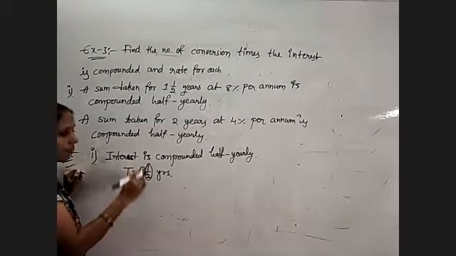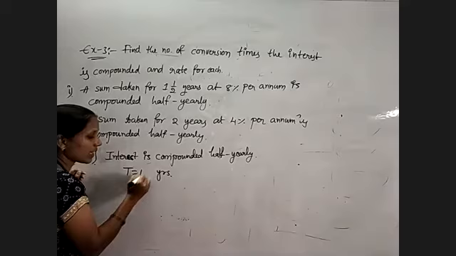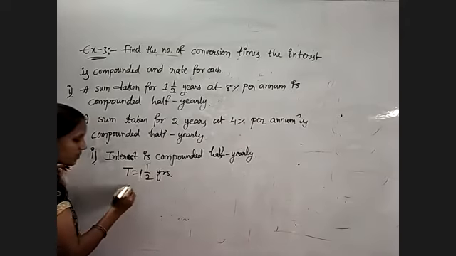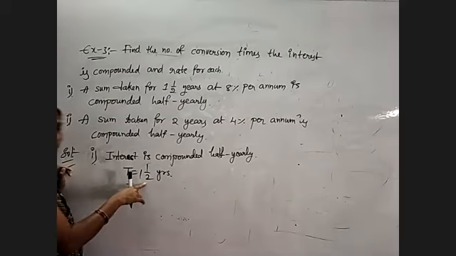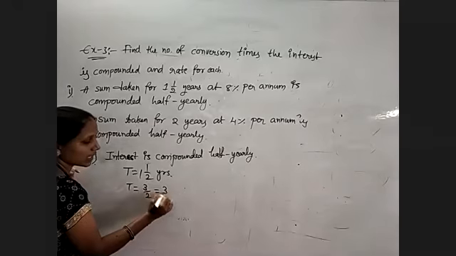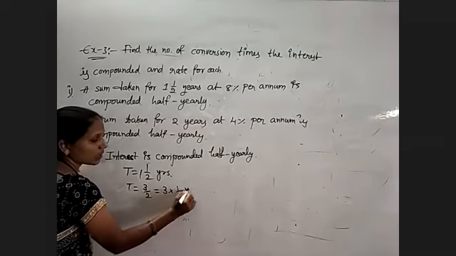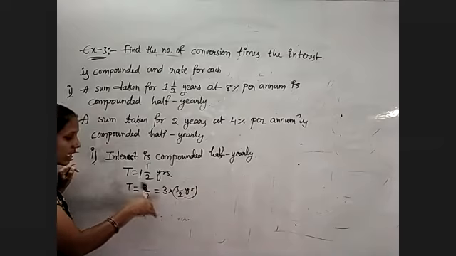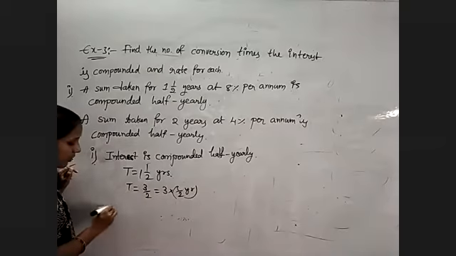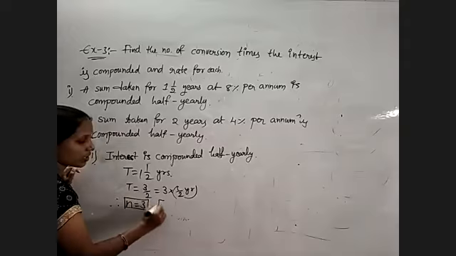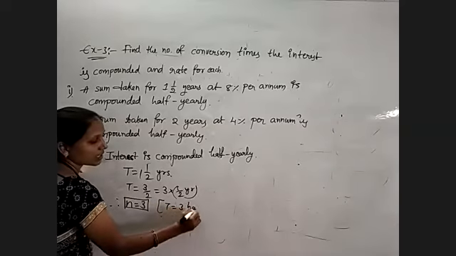So totally 3 half years we will get. Actually, this one we can understand, but observe how we need to do it by calculations. So t will be equal to converting the mixed fraction into improper: 2 ones are 2, 2 plus 1, 3/2. That is nothing but 3 into 1/2 years. 1/2 is nothing but half a year. So how many half years are we getting in this? 3 half years. Therefore, the conversion period is equal to 3.